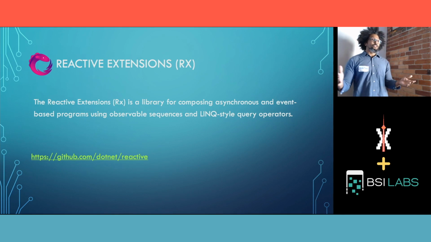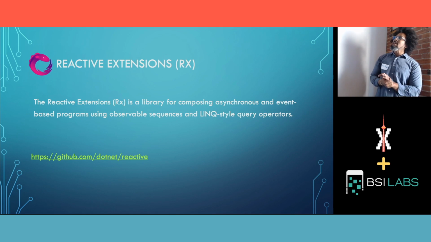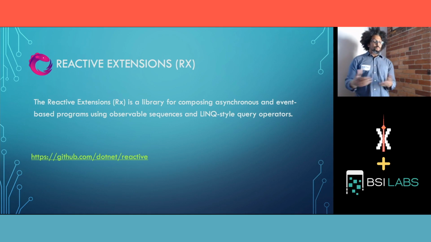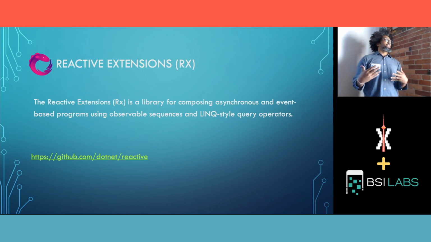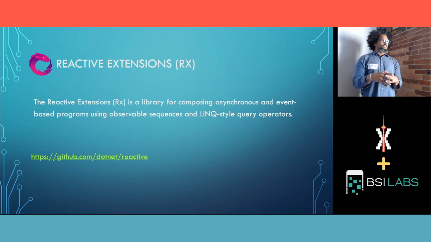So Reactive Extensions, as I read on the website, is a library for composing asynchronous events. We probably already know Task, which is part of .NET, the TPL, for working with asynchronous code.